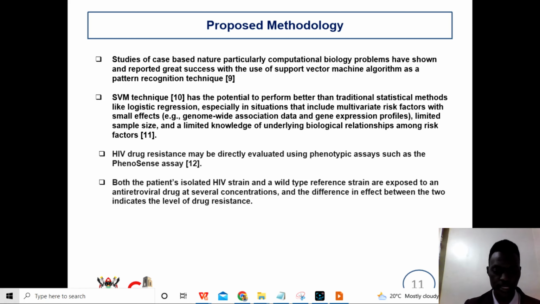This is much better compared to the other traditional methods, which don't work well, especially when it comes to multivariate risk factors with small effects, especially with a small sample size like ours, where you may have some limitations, and especially when differentiating which one is positive and which one is negative.